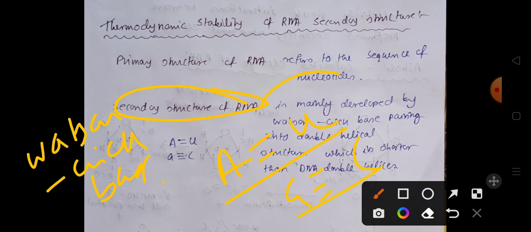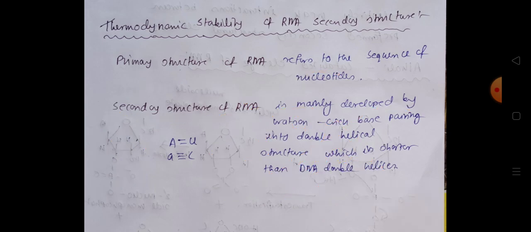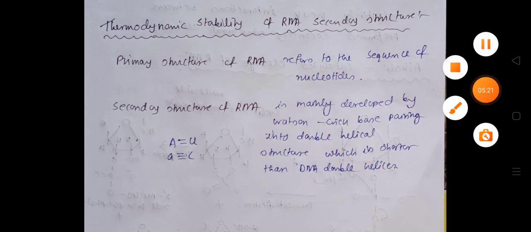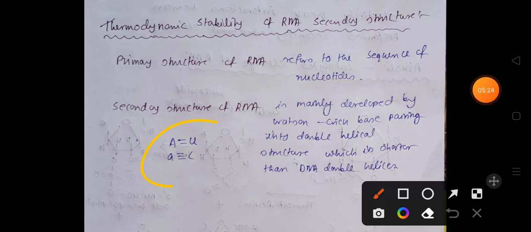There will be 2 hydrogen bonds between adenine and uracil in RNA and 3 hydrogen bonds between guanine and cytosine, both in DNA and RNA, right? So that's how by canonical or Watson-Crick base pairing the RNA double helix will be created. And very importantly, the RNA double helix will be shorter than the DNA double helix.